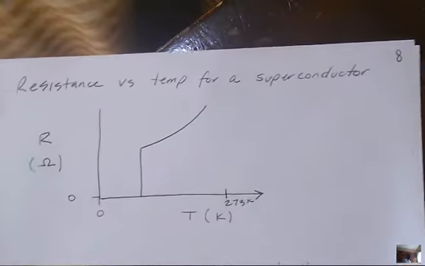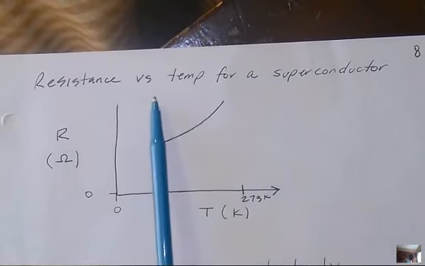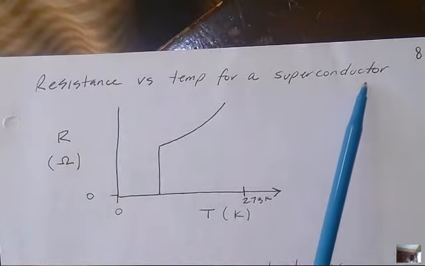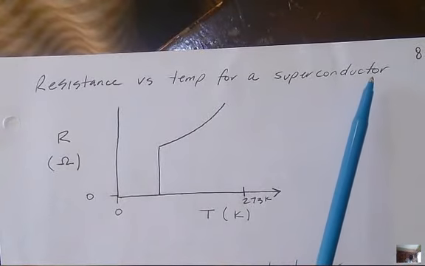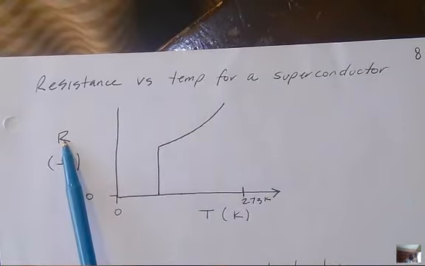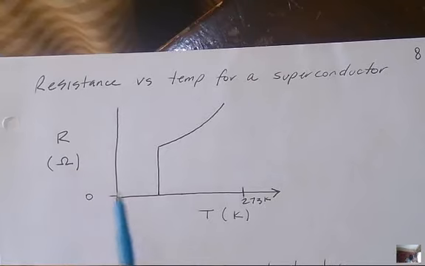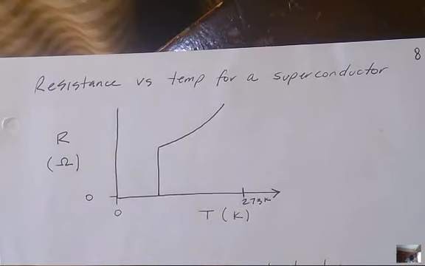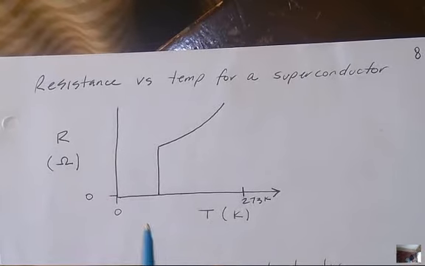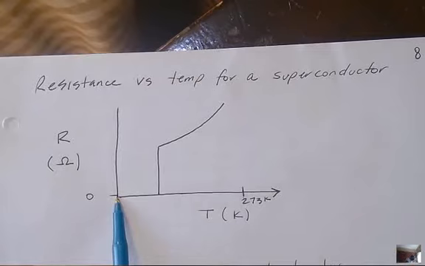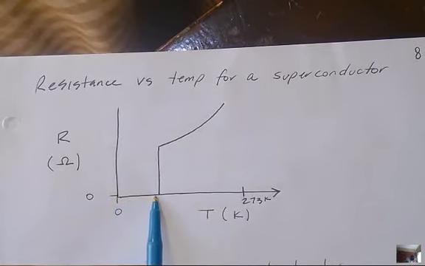Okay. So this is a graph of the resistance of a superconductor versus temperature. What happens is that the resistance is plotted here in ohms versus the Kelvin temperature. So these materials change their electronic properties based on how cold they are, okay? As long as you stay below a certain temperature, they have 0 resistance.